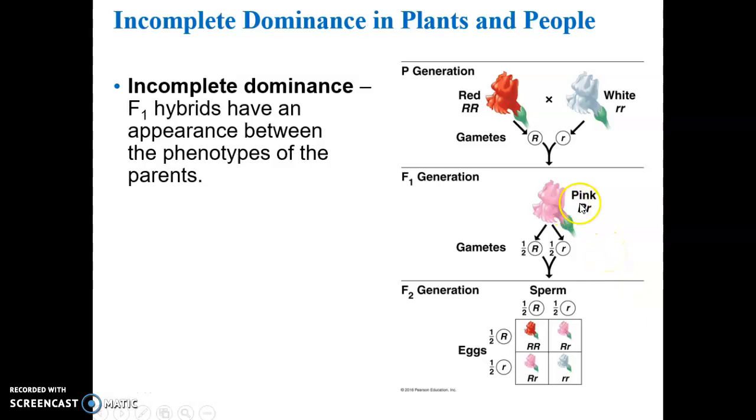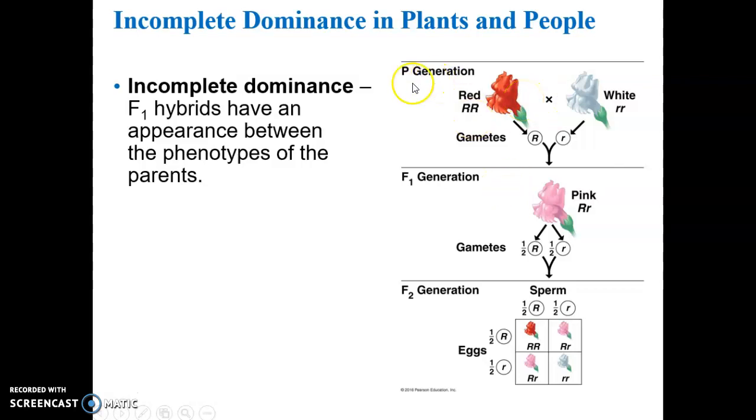Let's look at a type of inheritance that's called incomplete dominance. It's a good name because the phenotypic dominance, the appearance, is incomplete. With incomplete dominance, the F1 hybrids, meaning the F1 generation, have a physical appearance, their phenotype, that's in between the phenotypes of the parents.